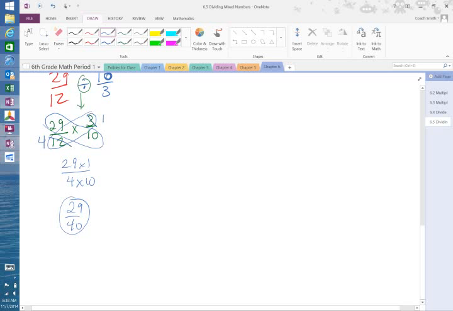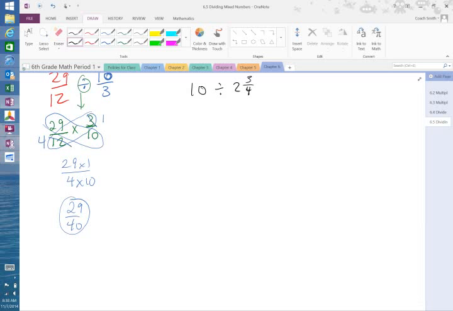Okay, so all right. I want you to try this one on your own. Let's see here. 10 divided by 2 and 3/4. Now, how many times does 2 go into 10? 5 times.